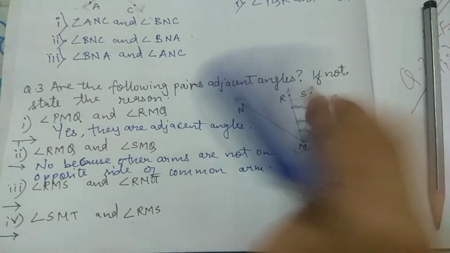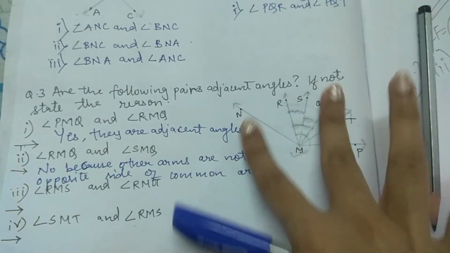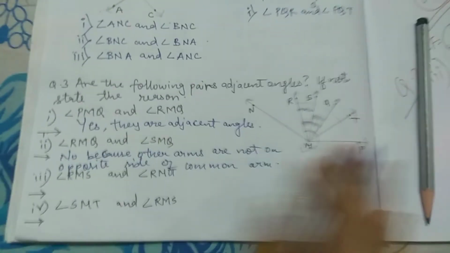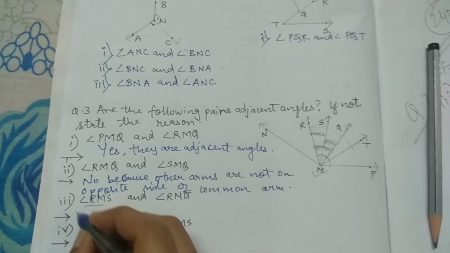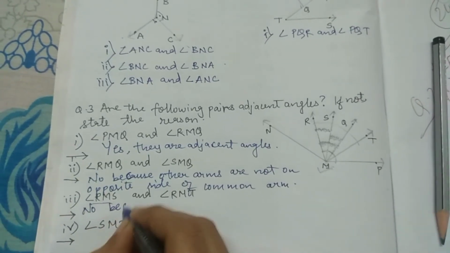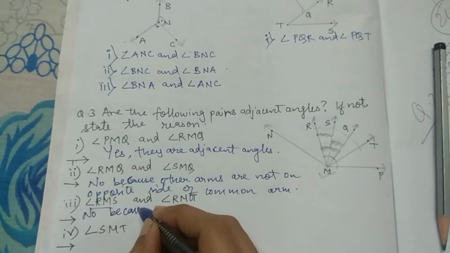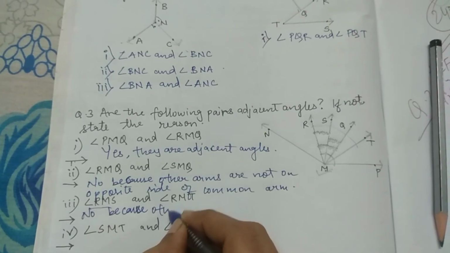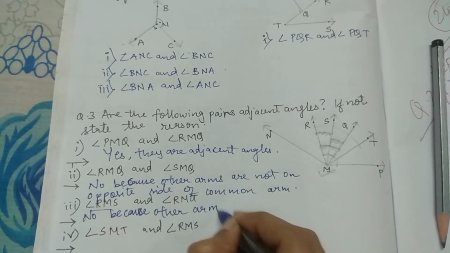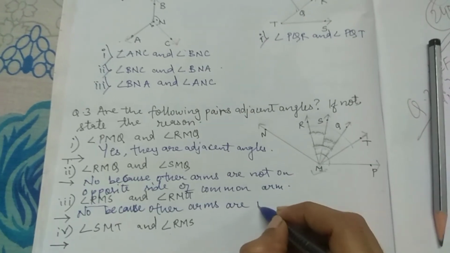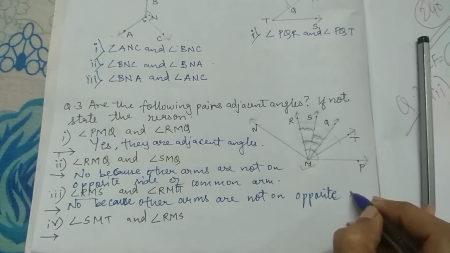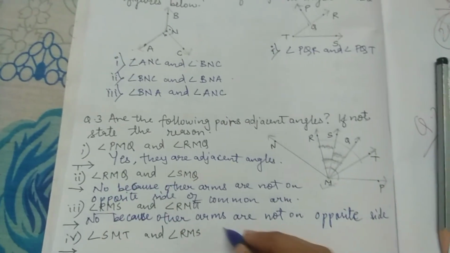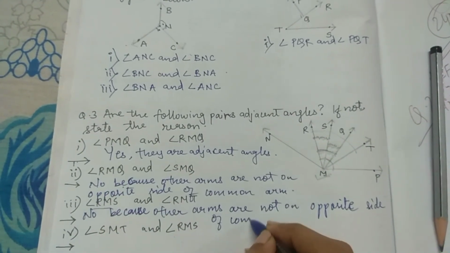See, both these arms are on the same side. It should be opposite. So again, no. And we will write the same reason down. No, because the other arms are not on opposite sides of the common arm.